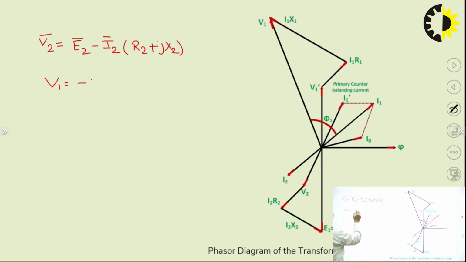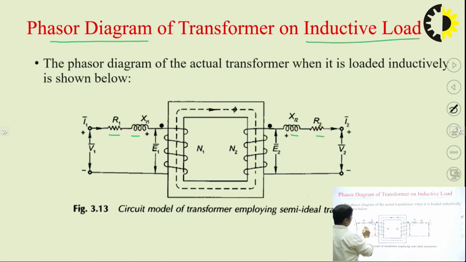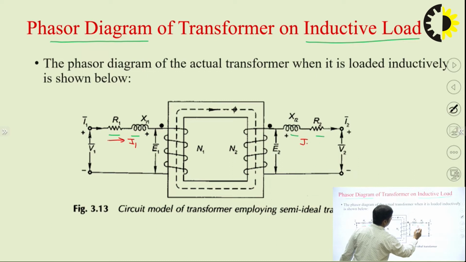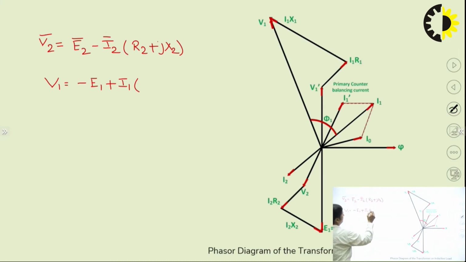So minus E1 plus I1 into, I1 means the current flowing. Suppose the current flowing is I1 here and it is I2 there. I1 drop in these two components, R1 plus jX1. All these are phasor sums.